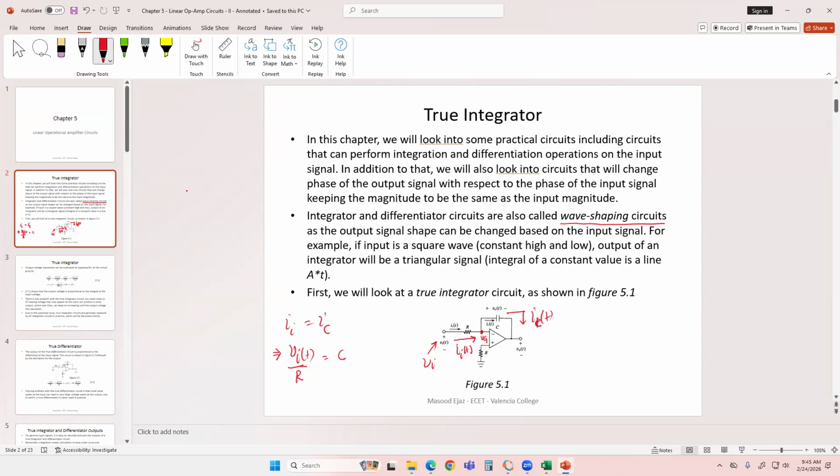C dV, now voltage across a capacitor, I can write down dVC(t), which is the voltage across the capacitor, over dt. Now voltage across the capacitor VC(t) is virtual ground minus the output.